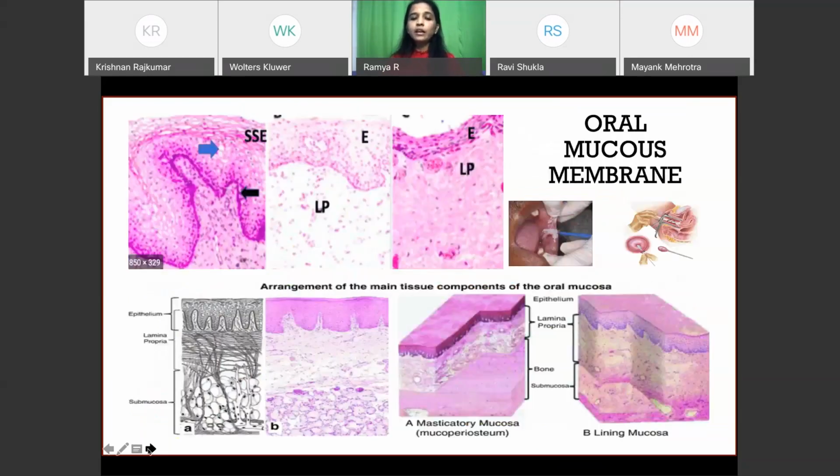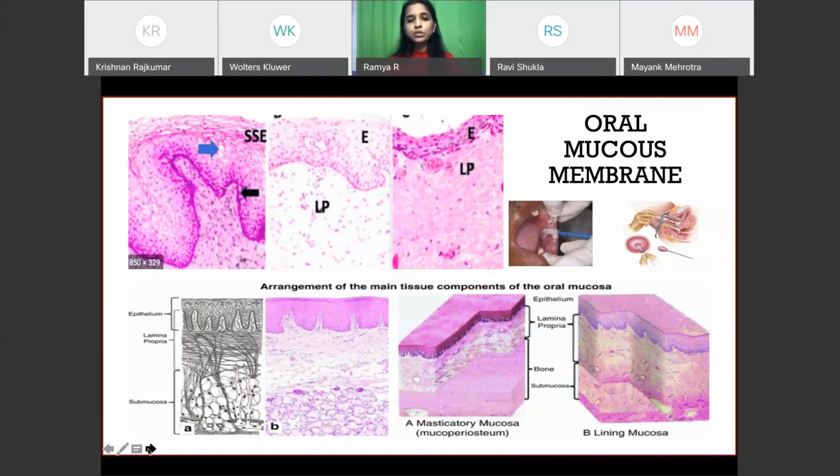This actually came to me as a postgraduate student, when we were taught about exfoliative cytology. Exfoliative cytology is a very simple topic where we scrape buccal cells and submit them for diagnosis. It is a routine procedure we do as oral pathologists.